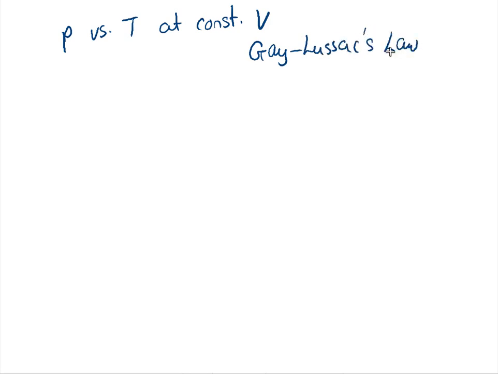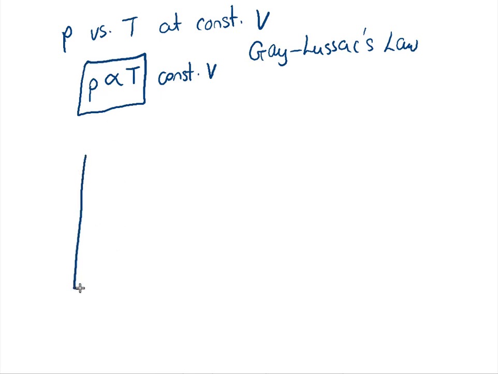And what Gay-Lussac's law says is the following. Pressure is directly proportional to temperature under conditions of constant volume. And what that mathematical relationship would look like if sketched on a graph would be the following.